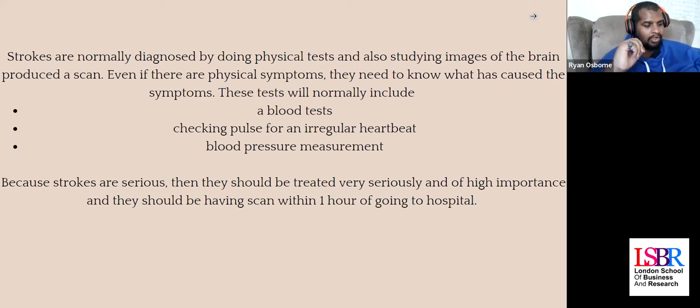So if you know someone's having a stroke and you can see the signs, maybe their arm dropping to the side, or maybe part of their face dropping to the side as well, then that's when you should be acting.